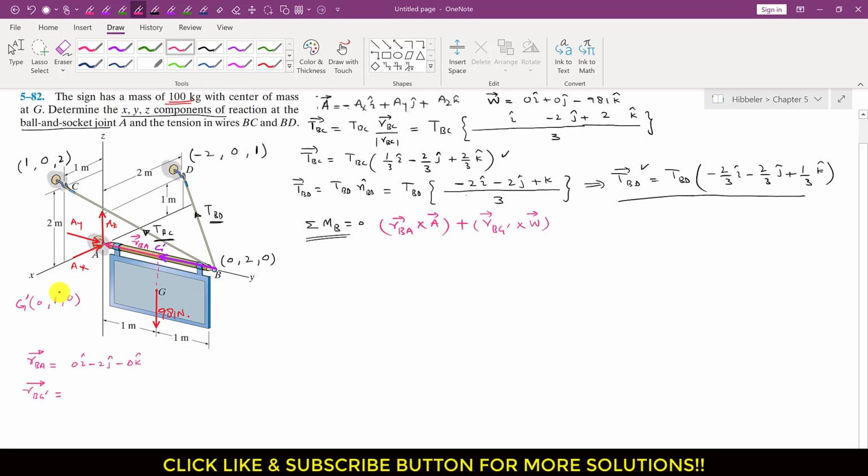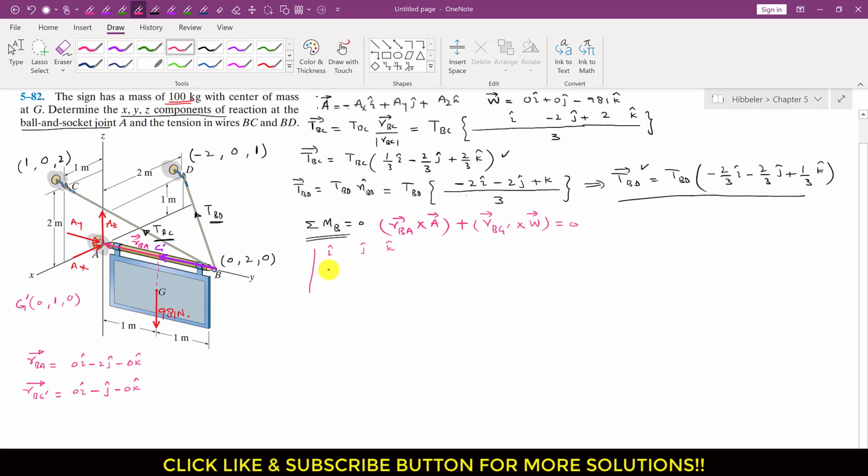So 0 minus 0 is 0 i, and 1 minus 2 is minus 1 j, and 0 minus 0 is minus 0 k. So we have these moment arms for the A vector and W vector, and this will be equal to 0. Now I will write them in determinant form.